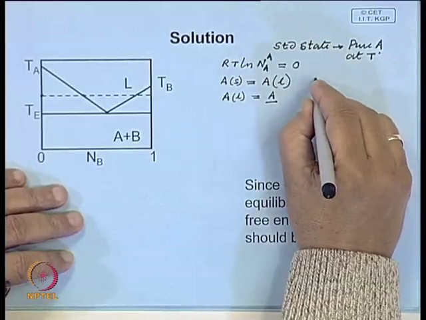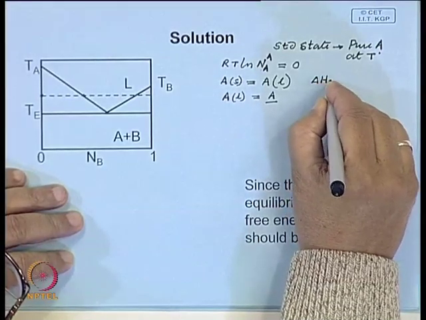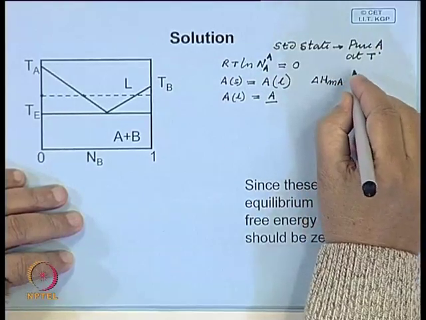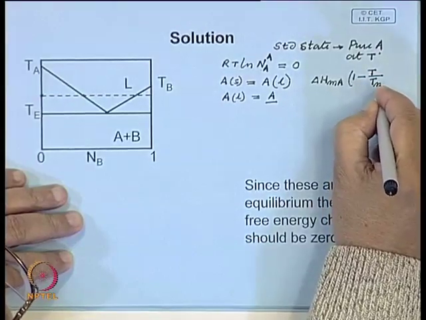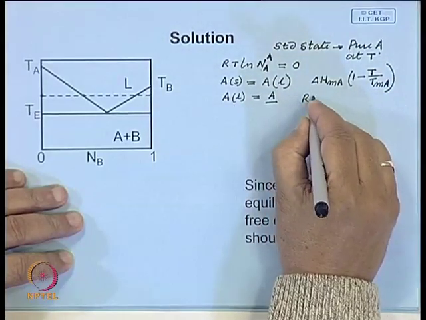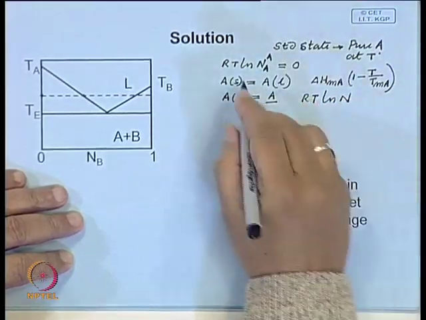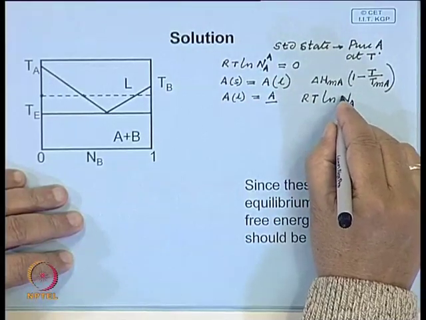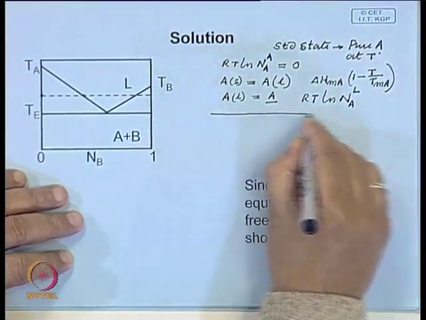In this particular case, that free energy will be delta H of melting of A times 1 minus T over melting point of A, whereas this is RT ln, we assume the solution to be ideal, then this is the atom fraction of A in liquid. So, you add the two, and this is the free energy.